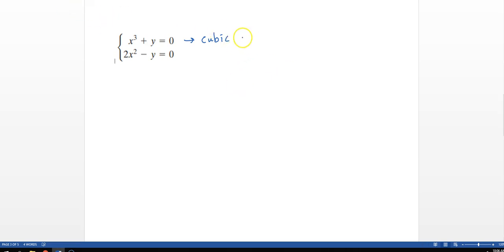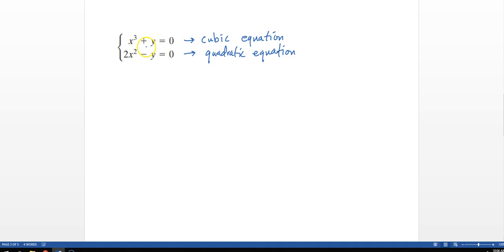It is a function if you set it equal to y, but this is a cubic equation. And 2x squared minus y equals 0 is a quadratic equation. So I basically have a cubic function and a parabola.